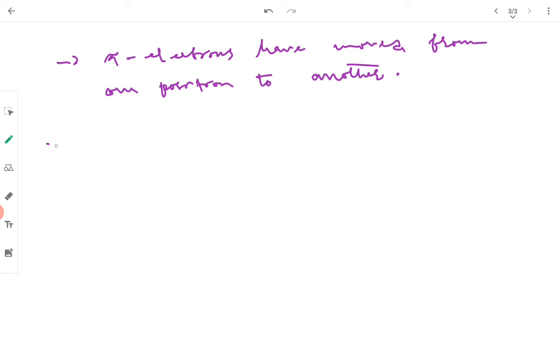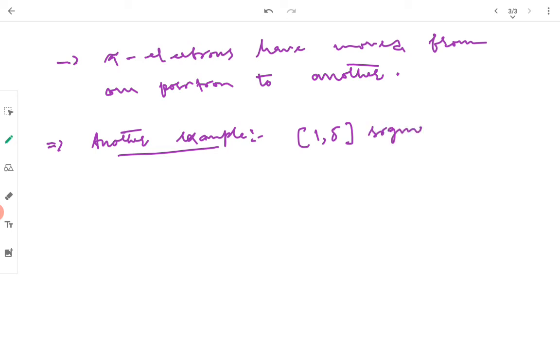I will give you another example of a 1,5 sigmatropic rearrangement.